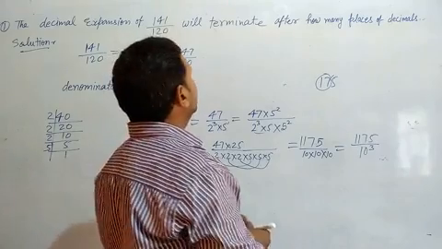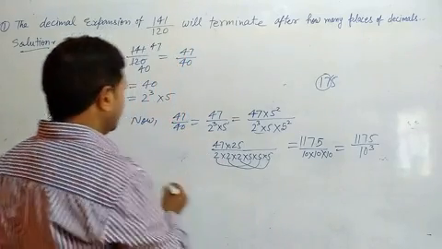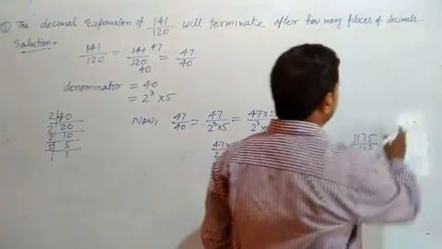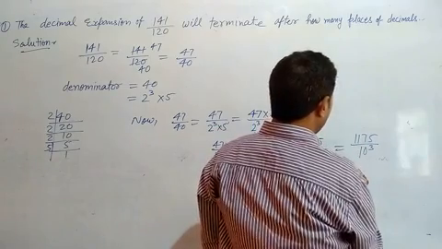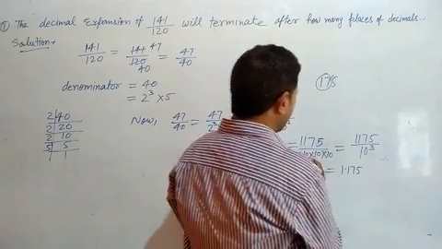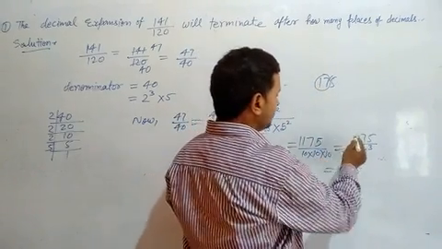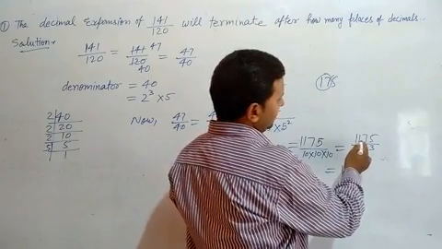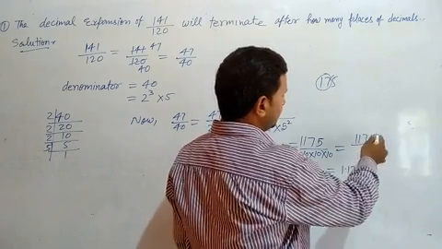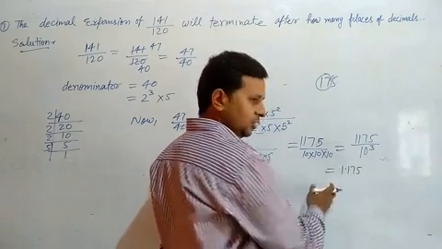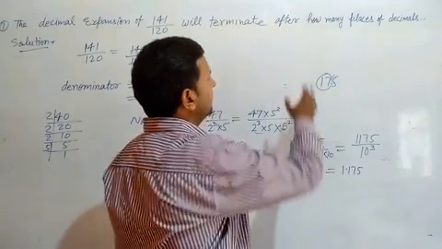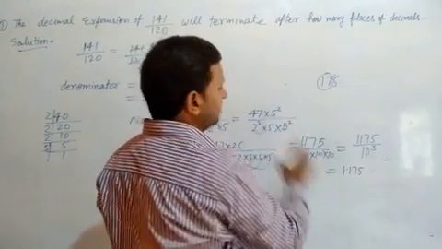So we write 1.175. Dividing by 1000, the quotient is 1 and the remainder is 175. After that we take the decimal and continue. So we see 1, 2, 3: after 3 places of decimals, it will terminate.